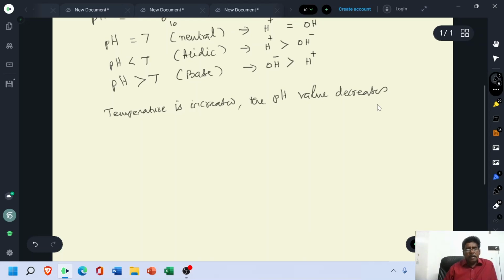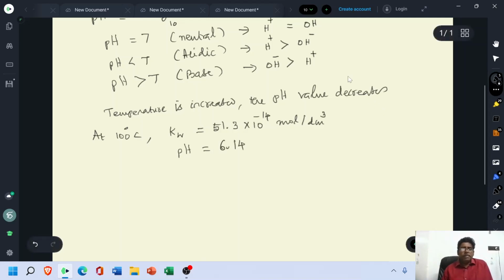So here at 100 degree Celsius for water, the value of rate constant is 51.3 into 10 power minus 14 mole per decimeter cube. At this temperature, the pH value of water is 6.14. If the temperature increases, the pH value of water is decreasing.